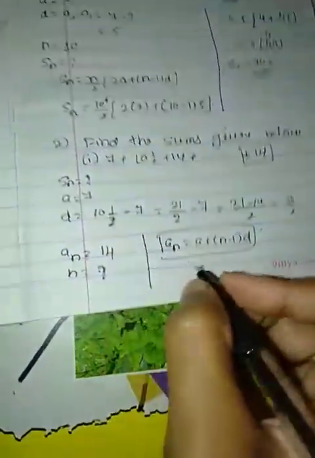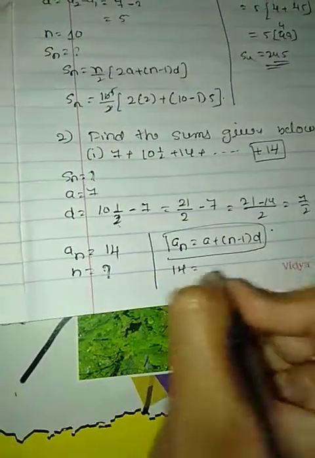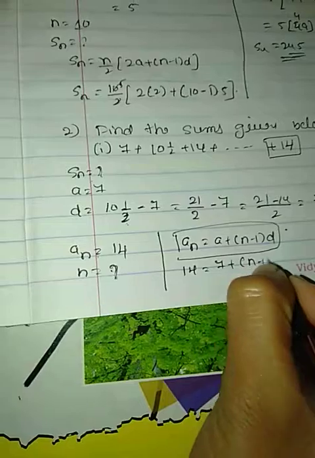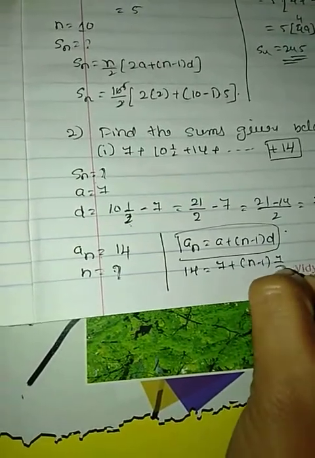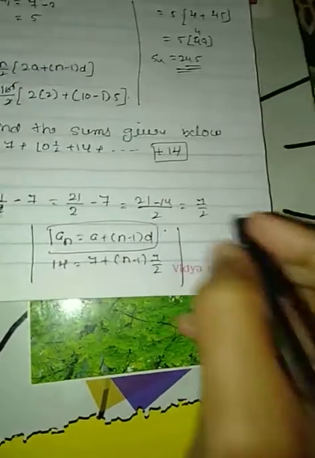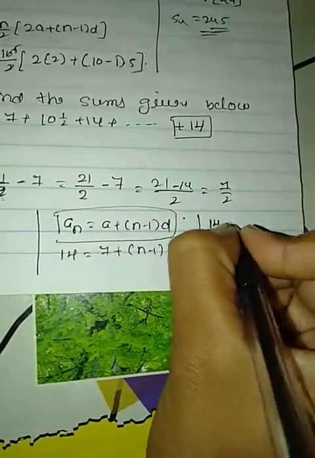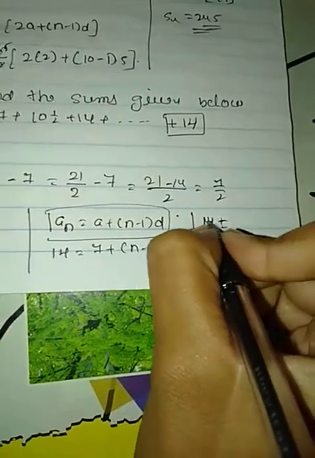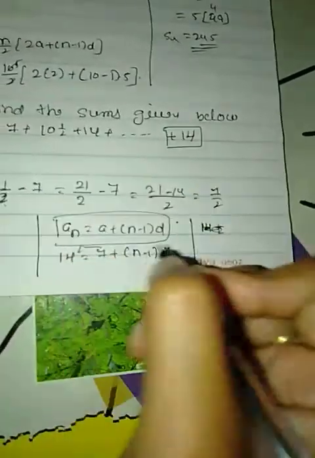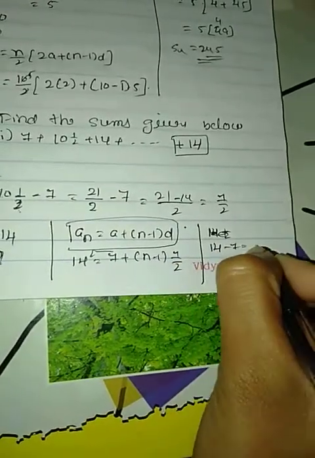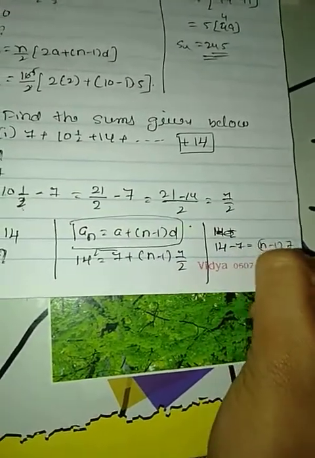Here an is 14 and a is 7, plus n we don't know, d is 7 by 2. So first shift 7 towards the LHS. So 14 minus 7 is equal to (n minus 1) into 7 by 2.